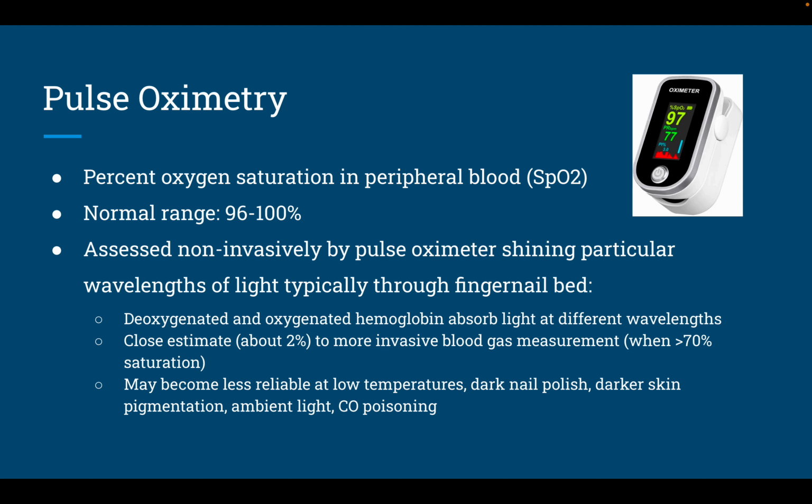Ambient light too, so if somebody's having trouble getting a good measurement, sometimes covering the device and the finger with something to block ambient light may get you a better reading. And then I wrote carbon monoxide poisoning and things like cyanide toxicity. These are two examples where standard pulse oximeters can't really tell the difference well. So just important to be thinking about.